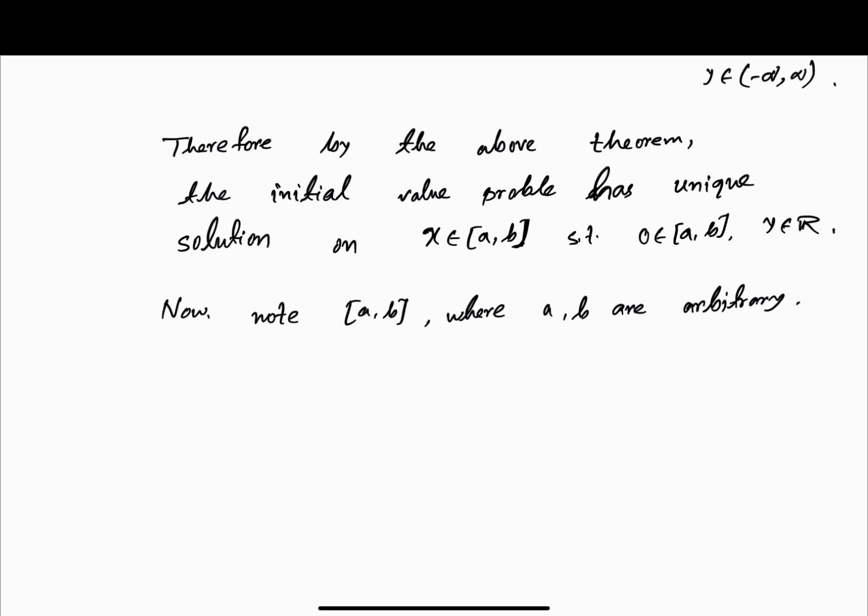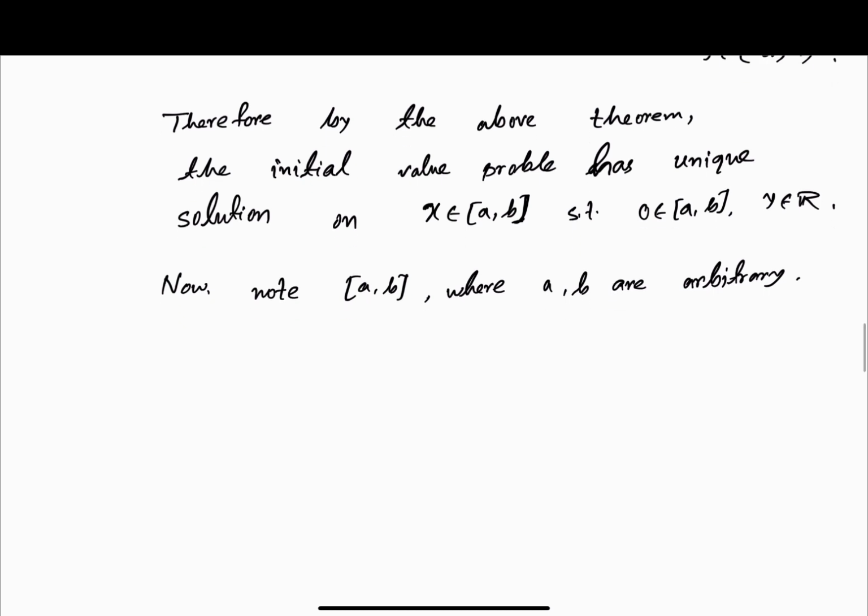Therefore the theorem is true for any such compact interval, which is the same as saying that this has a unique solution for all x in R. Why? Because suppose this does not have a unique solution somewhere, you can always take some compact interval containing that point, and it will violate that theorem, because this is true for any compact set AB which contains 0. So it has a unique solution on R.